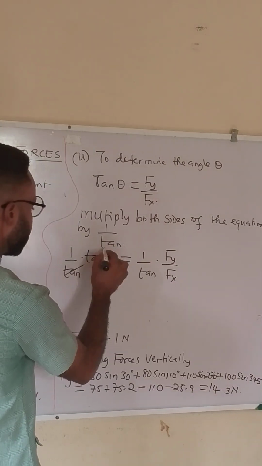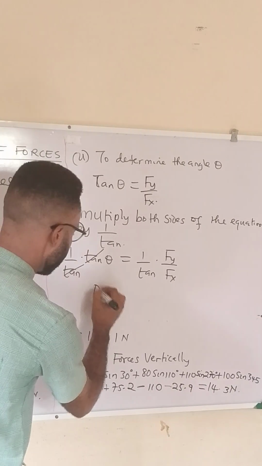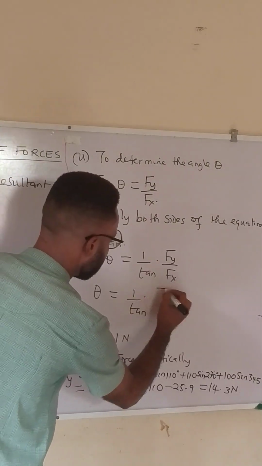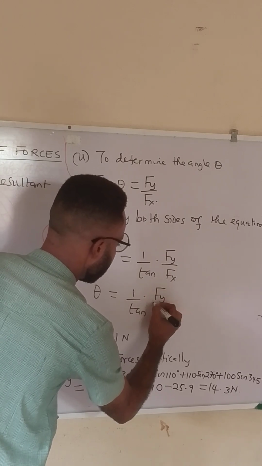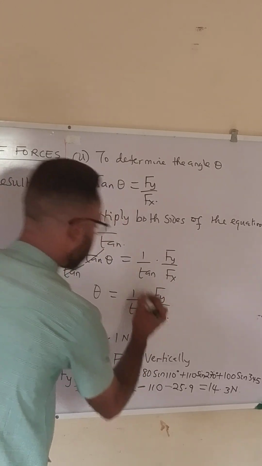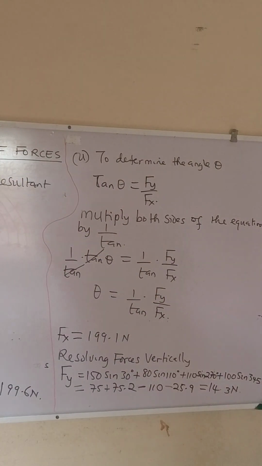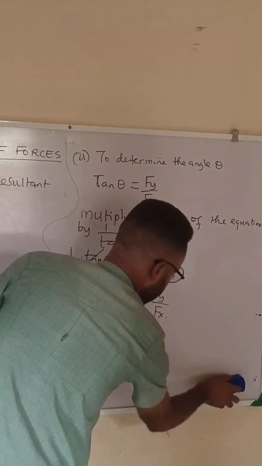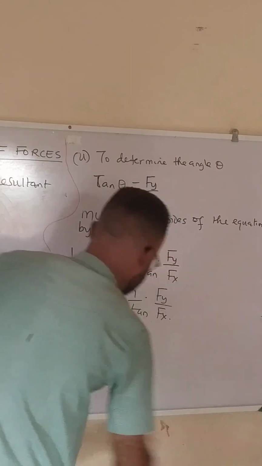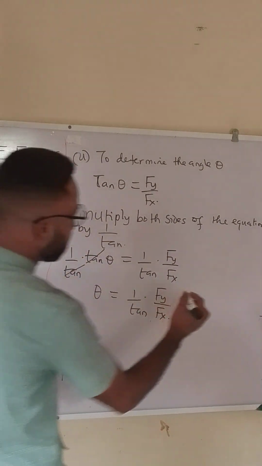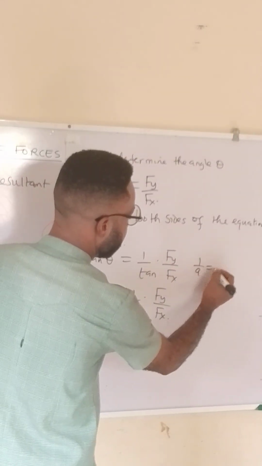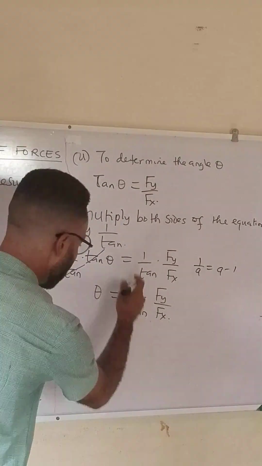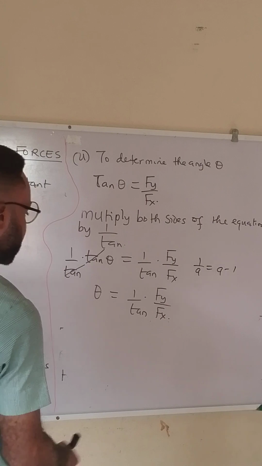So from here you can cancel out, and so your theta will be equal to 1 over tan dot Fy over Fx. Note the dot is the same thing as saying multiplication. From our indices, we know that 1 over a is a raised to power minus 1. So we apply the same thing there, so that 1 over tan will be tan inverse.